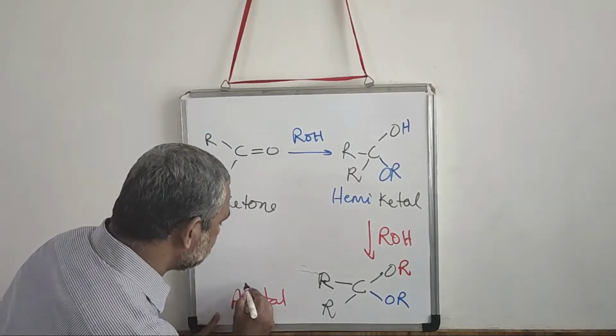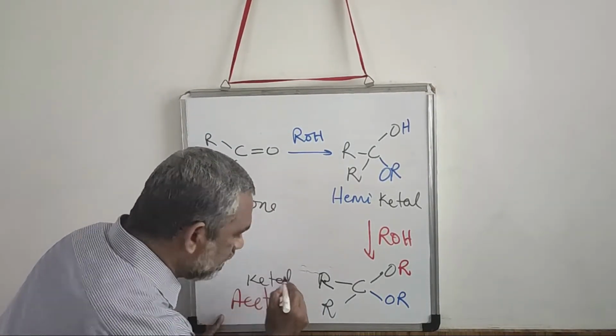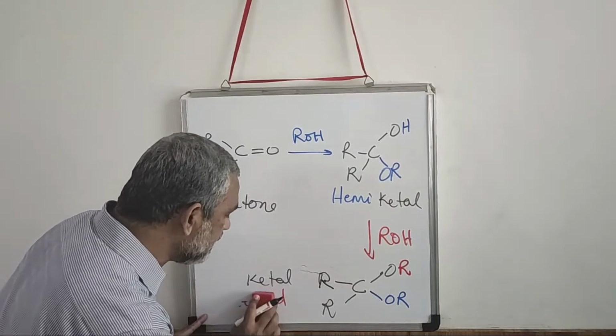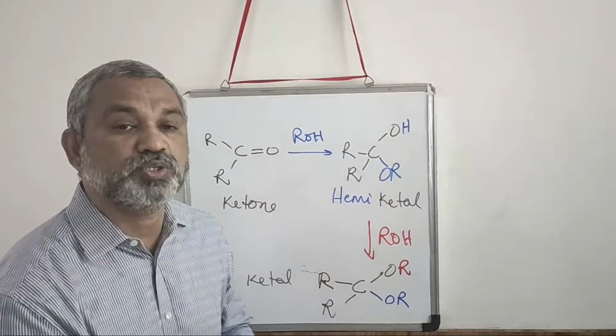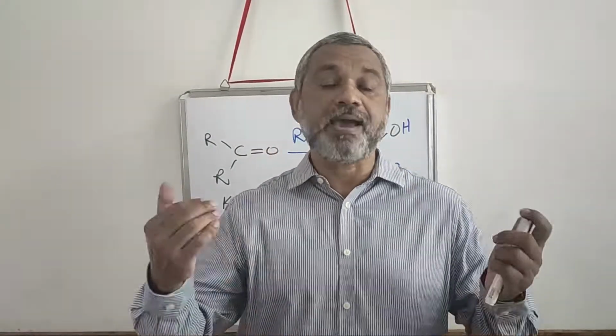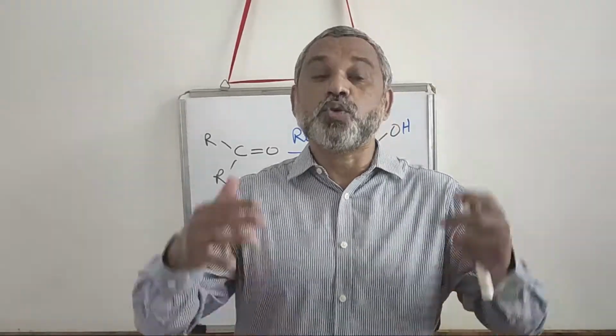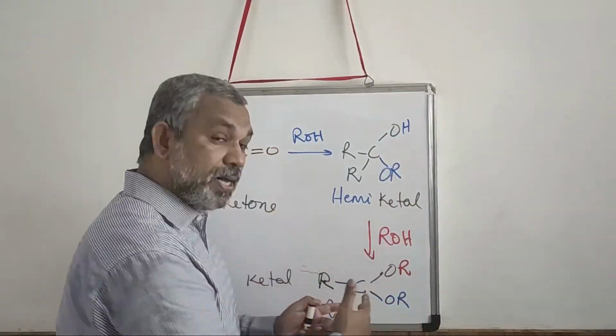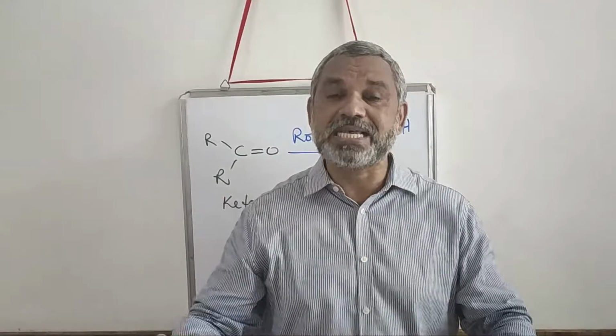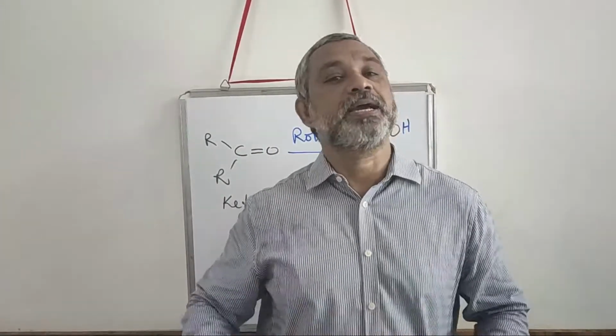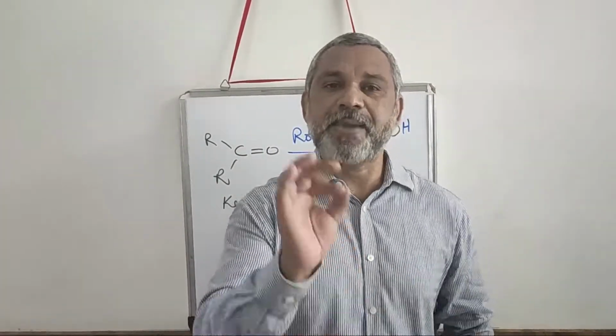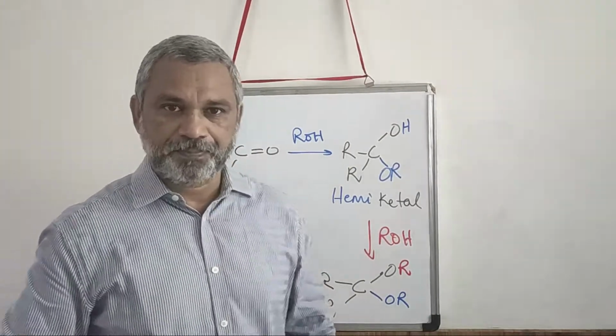Hemiketal and ketal are old terminology, just to acquaint you. So this is how disaccharides or trisaccharides are formed, by forming glycosidic bonds. This is the basic that we need to understand.